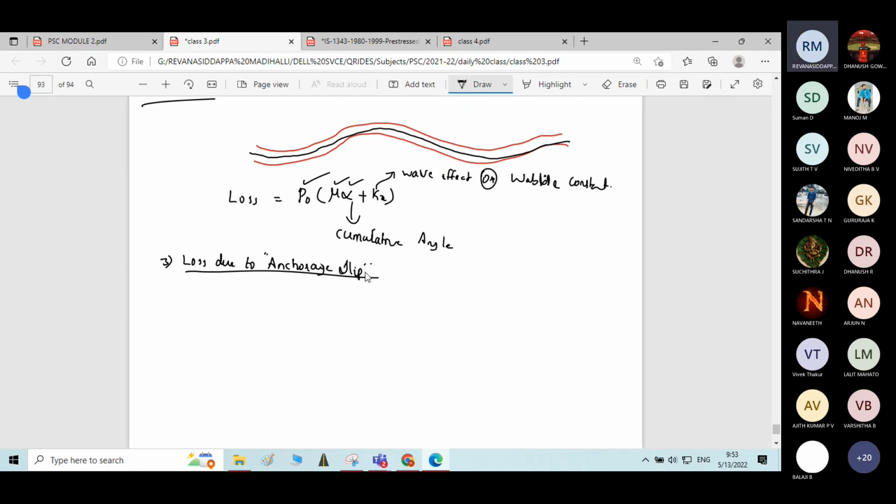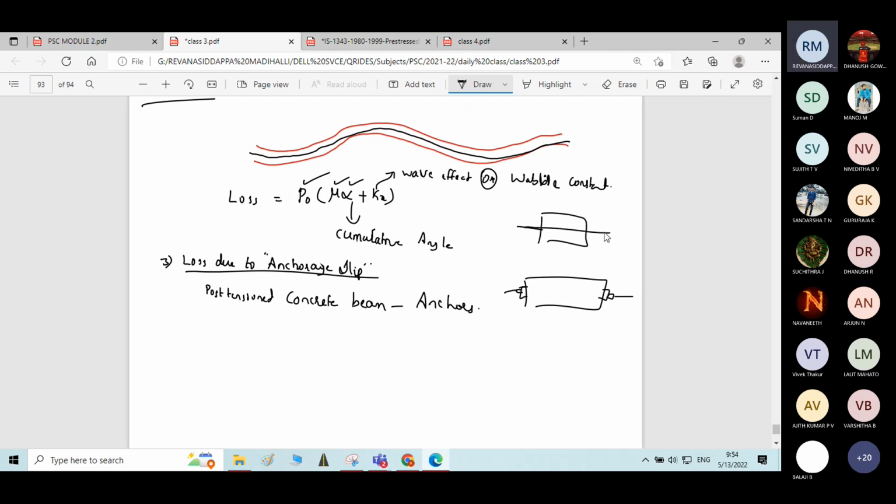Where will we get the anchoring of the tendon? Only in the case of a post-tensioned concrete beam will we get anchors, correct? But for a pre-tensioned concrete beam, there won't be any anchorages.